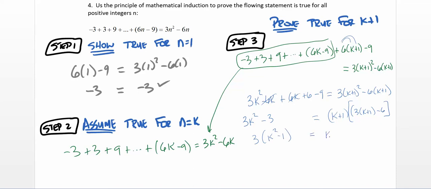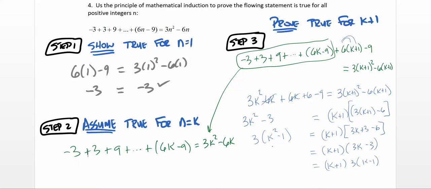This ends up being k plus 1 times 3k plus 3 minus 6, which is equal to k plus 1 times 3k minus 3, which ends up being k plus 1, factor out a 3, which ends up being k minus 1.